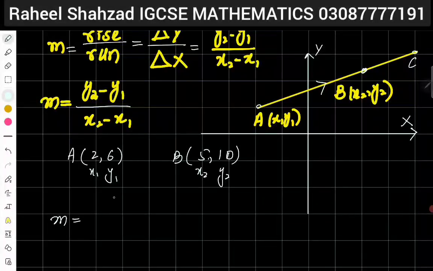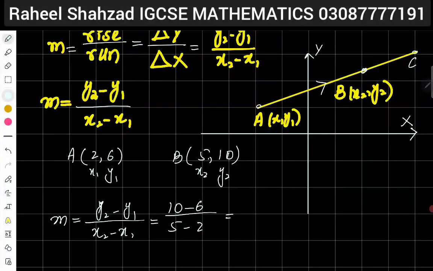So your slope is y2 minus y1 divided by x2 minus x1, which is 10 minus 6 divided by 5 minus 2. 10 minus 6 is 4 and 5 minus 2 is 3. So that's how we find the slope of a line if we have 2 points given. Done?